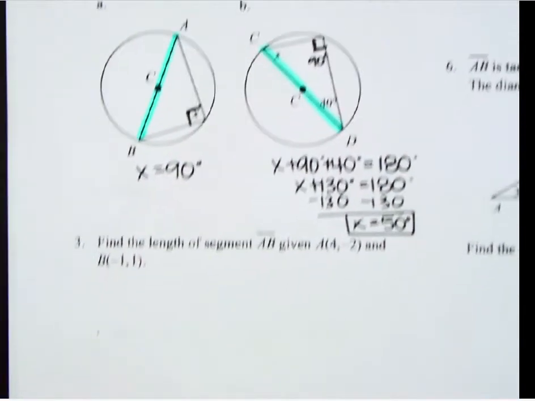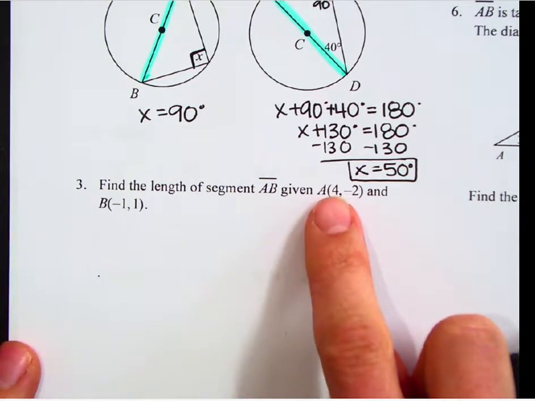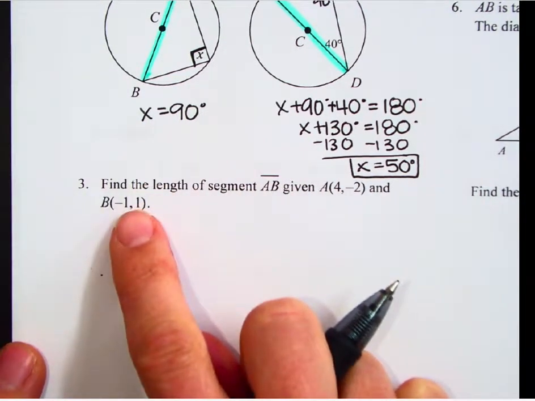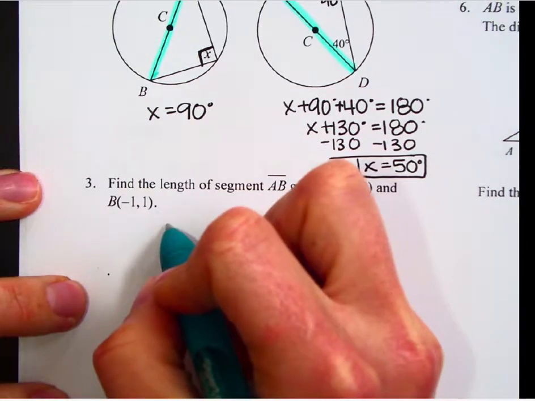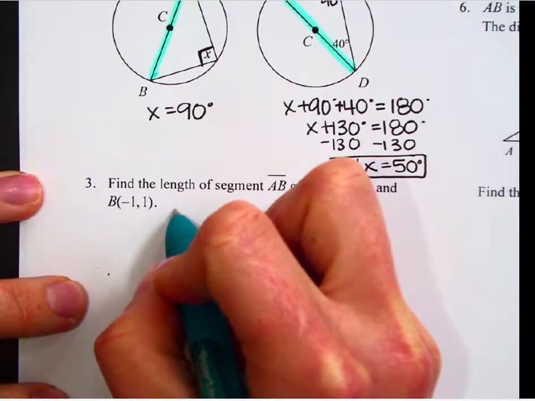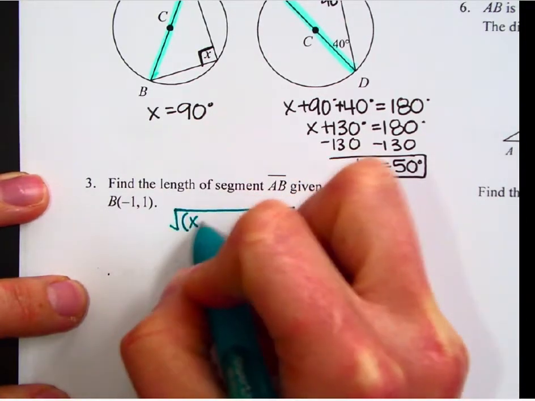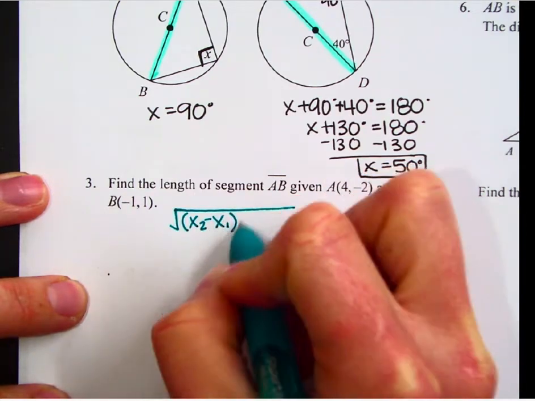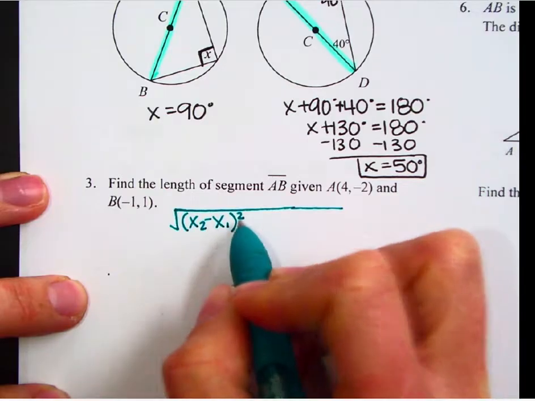In number 3, we're going to find the length of segment AB given the endpoints of the segment, A at 4, -2 and B at -1, 1. When we're finding the length or the distance between 2 points, we use our distance formula where we find the difference in the x values. We square that number.